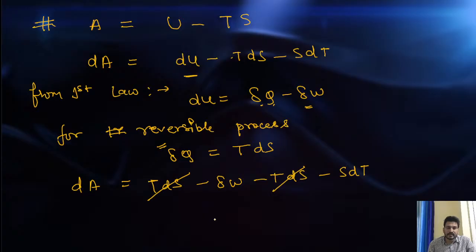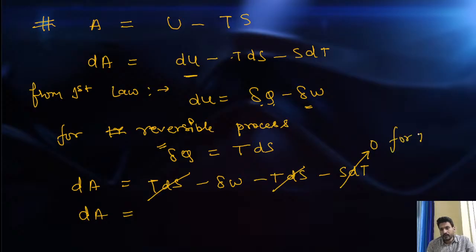TdS gets cancelled out, and as we already discussed, dA is defined for constant temperature. So at constant temperature, this term is also 0.